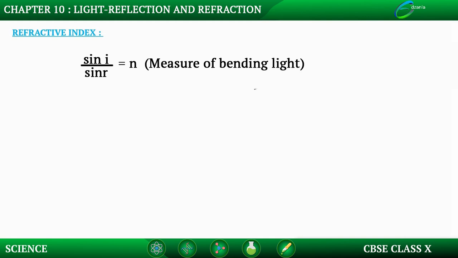Because sine, we know, the sinusoid is something like that. It starts from 0 and goes up in the first quadrant if we talk about 0 to 90 degrees. So if the value of i increases, the angle increases, and the value of sine also increases. So here it is clear that sin i is indicating the bending of the incident ray and sin r is indicating the bending of the refracted ray.